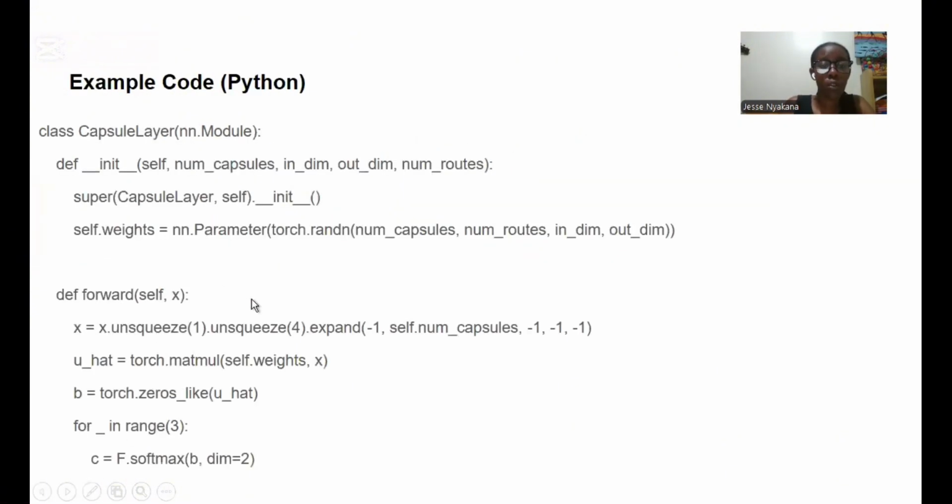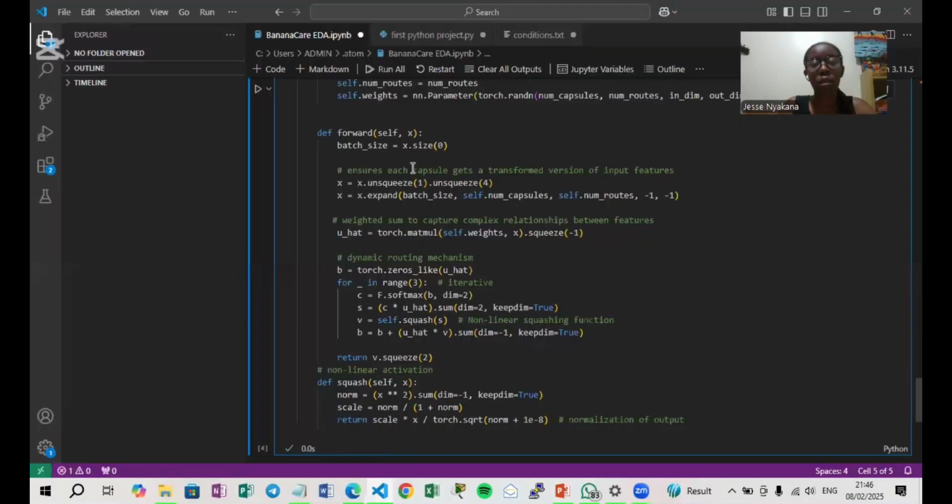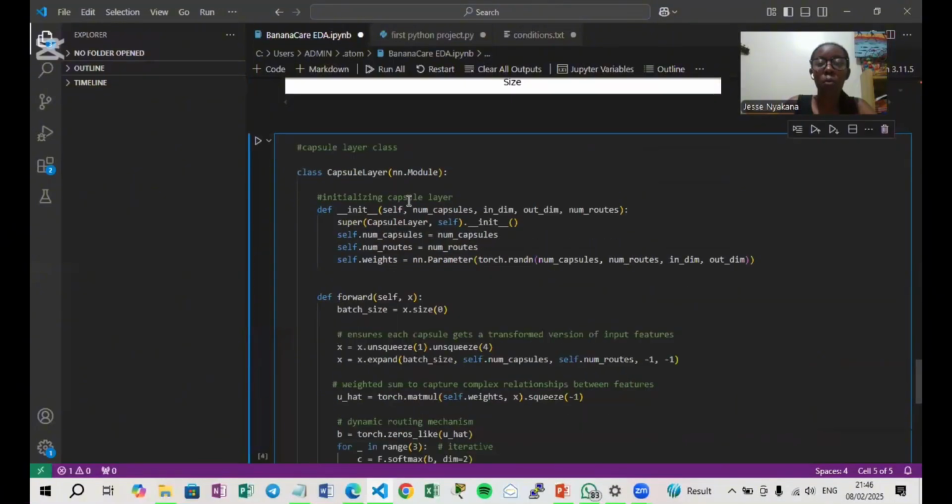I'm going to give a brief example of how the capsule network model works, but it's not exactly our model. This is just a snippet of code to show how capsule networks actually work, assuming this code is going to be used for our model.